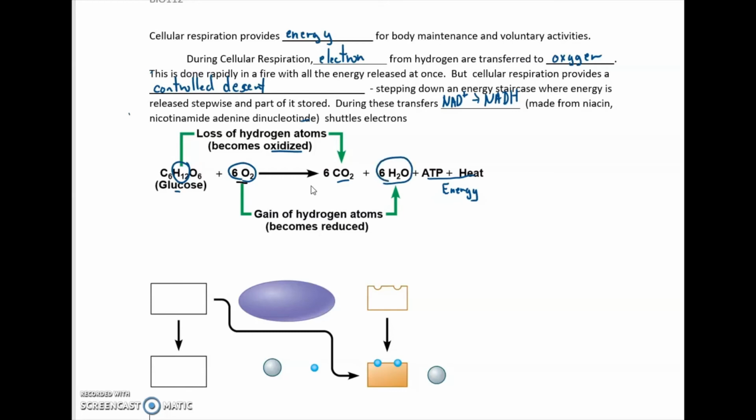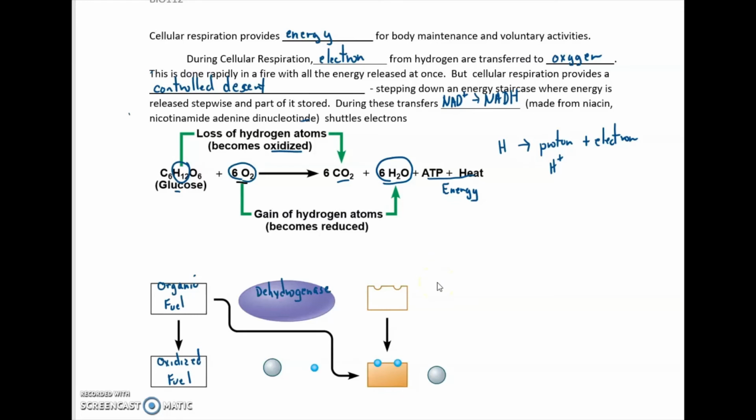Now the oxygen is associated with two hydrogens. So a hydrogen is composed of a proton, which we'll sometimes draw like this, a hydrogen ion, plus an electron. And we're going to be following the electrons as they go through this process.